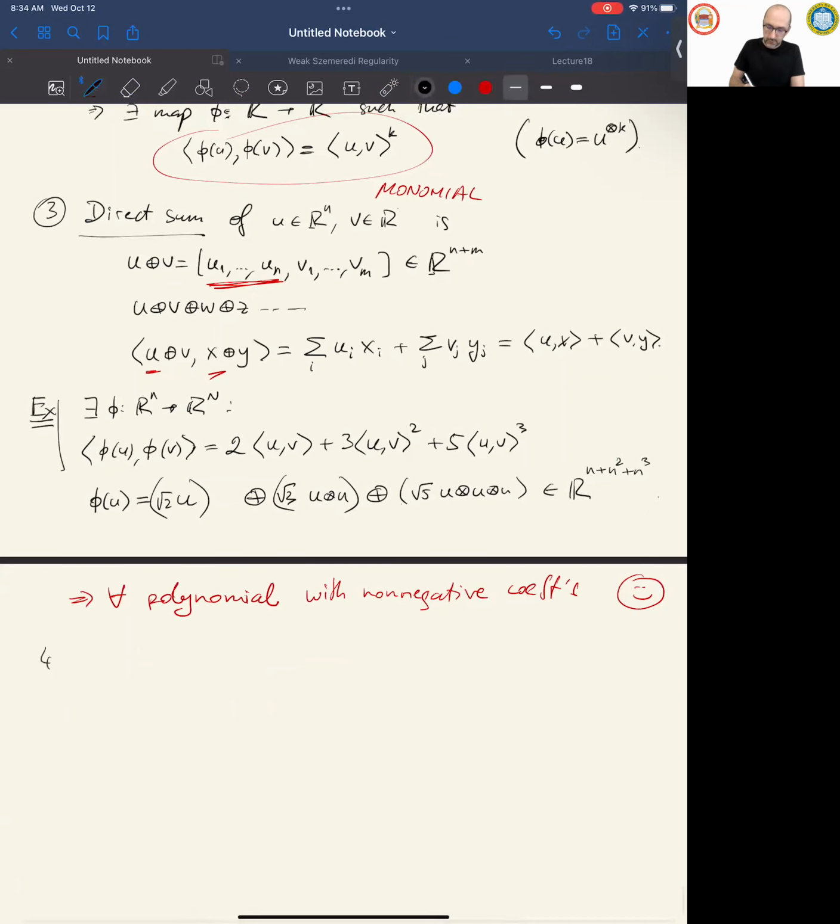For example, I would like to realize phi and psi different. Suppose I want the same thing, but with -3 uv squared and -5 uv cubed. Can we do that?